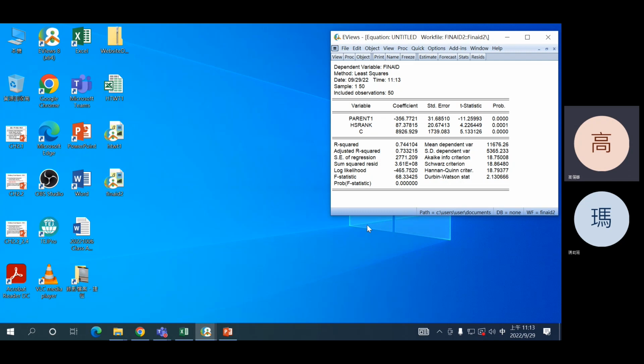So it changed to negative 356.77 something. And the coefficient of high school rank will not change, because the measurement unit doesn't change anything, right? Okay.